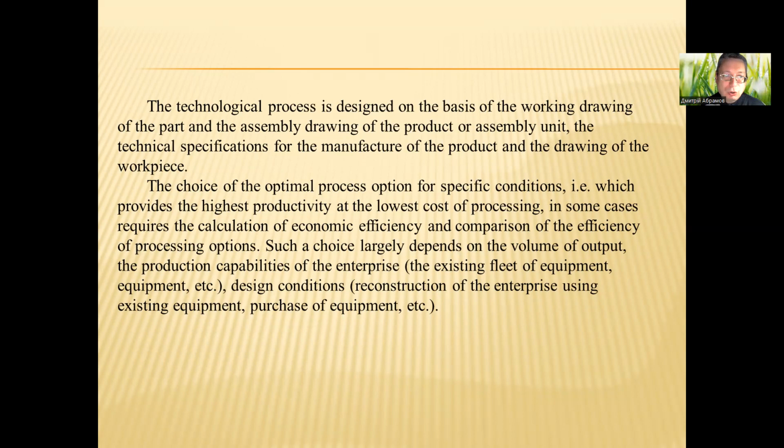The choice of the optimal process option for specific conditions, which provides the highest productivity and the lowest cost of processing, in some cases requires the calculation of economic efficiency and comparison of the efficiency of processing options.